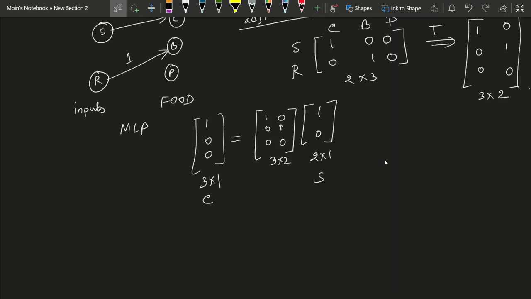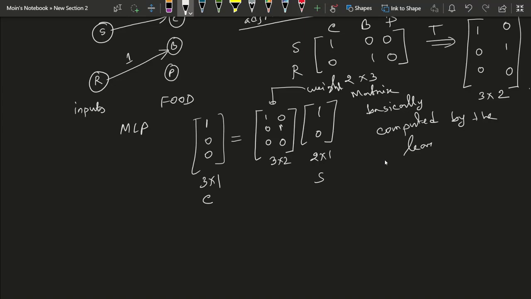And how does this neural network actually evolve? This weight matrix is basically computed by the learning procedure of ML, like the delta learning process.